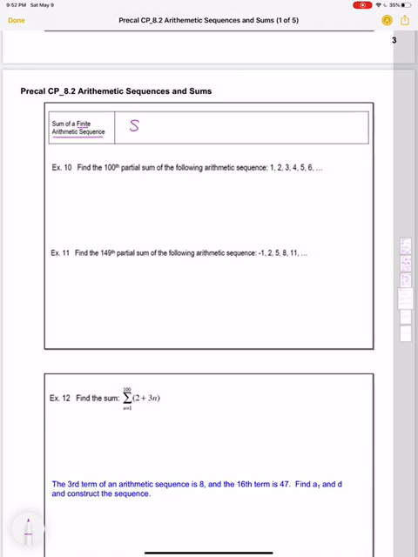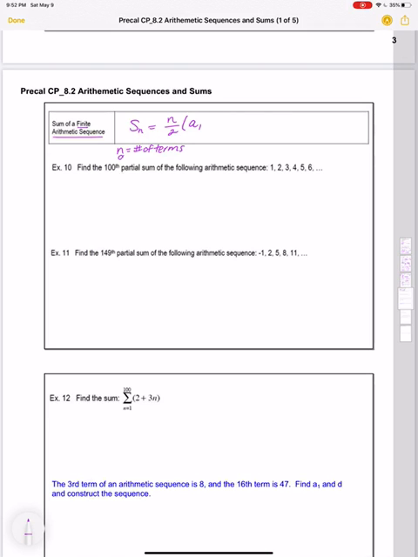We're going to do S sub n, which stands for the sum of your sequence with n terms. Where n is the last term that you're adding, it is equal to n over 2, and n is the number of terms. So n divided by 2 times a sub 1.